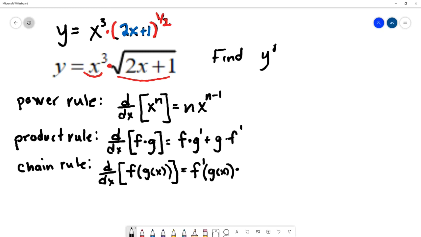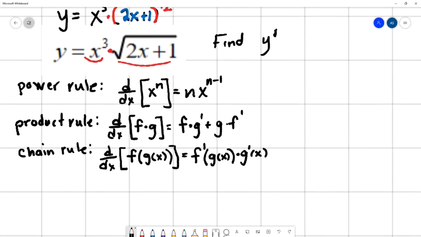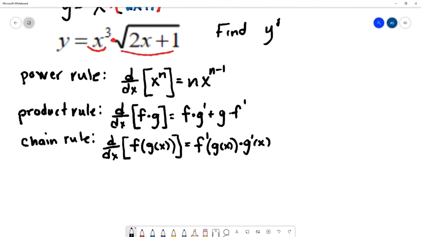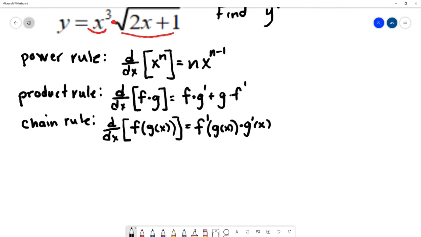Chaining is multiplying by the derivative of the inside function. So these are all rules that we're going to use in order to calculate the derivative of our equation, y equals x cubed square root of 2x plus 1. So let's rewrite it and start calculating the derivative.